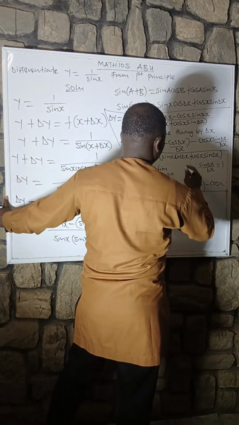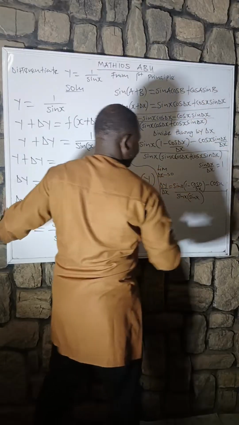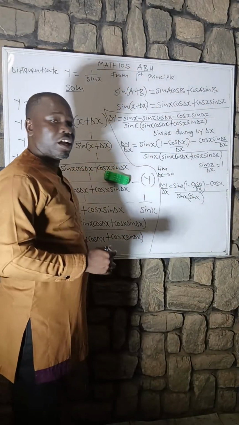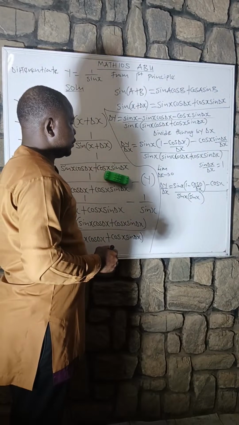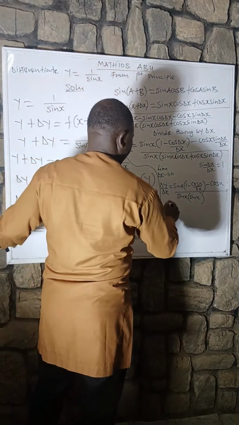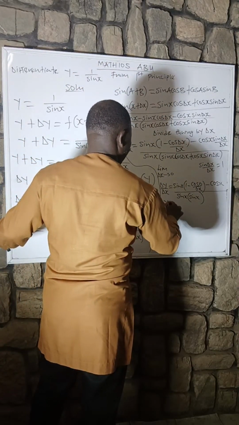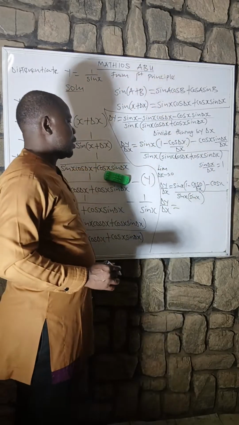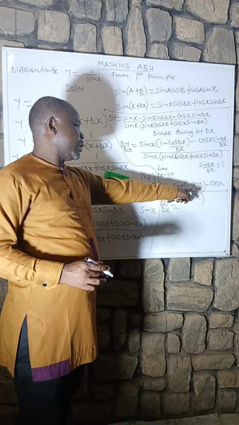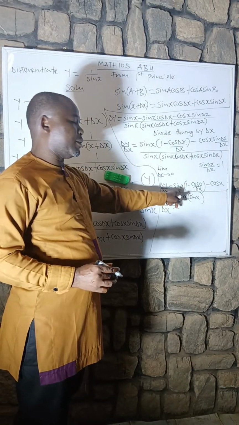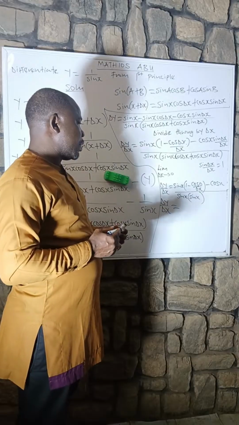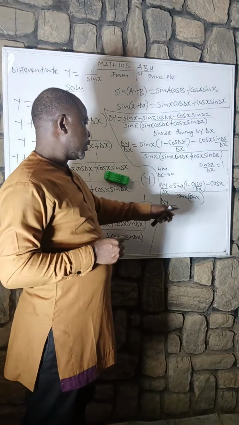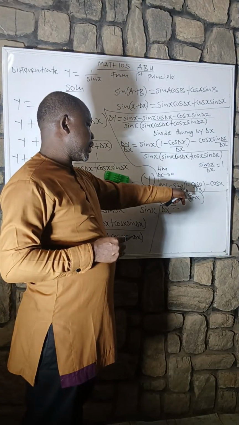So I think this is how it will be. Can you see now? So in other words, our dy over dx equals, this is 0, true or false? So 0 times sine x is 0, right?